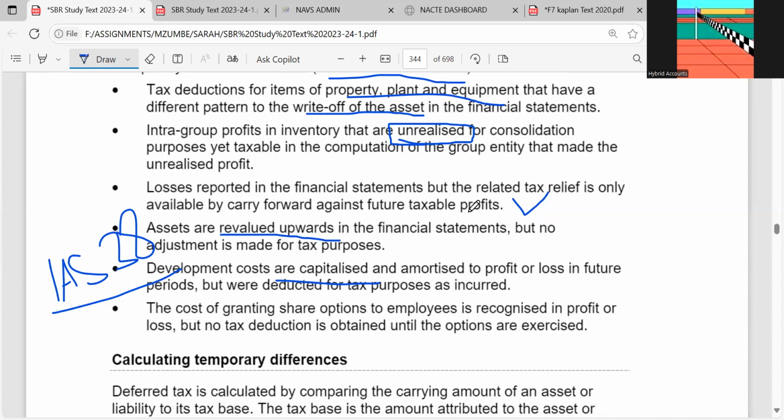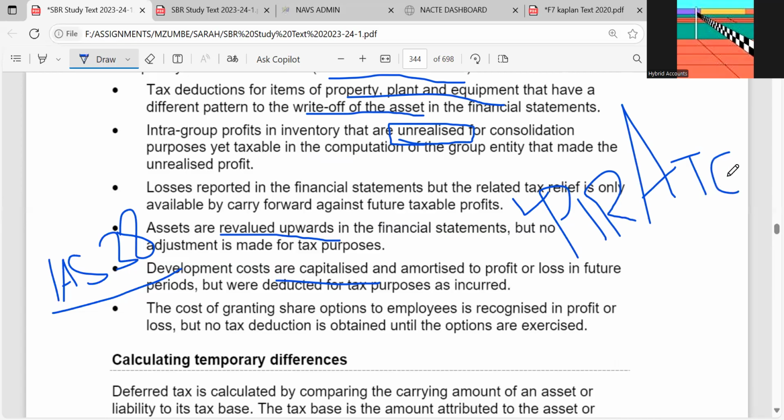We look at the probability of economic benefits, the intention to complete the asset and use it or sell it, a reliable estimate of the cost of the asset, availability of resources, the technical feasibility, and the expectation of making a profit from the development of that asset, right?